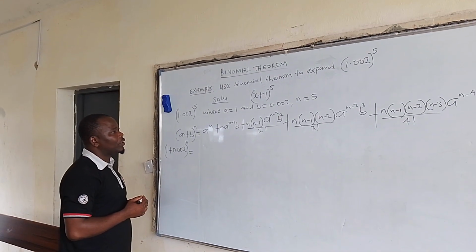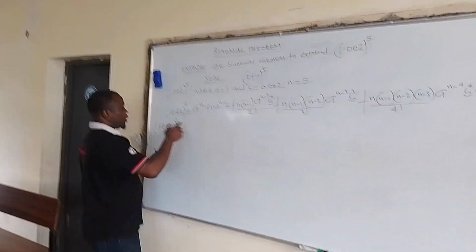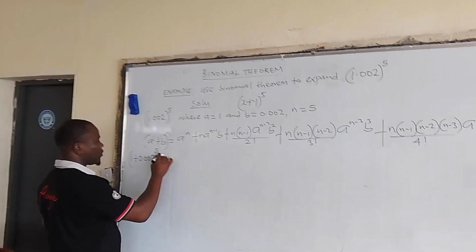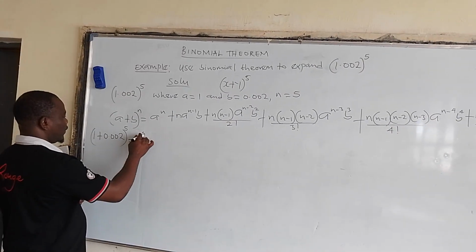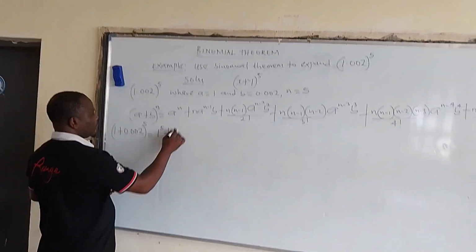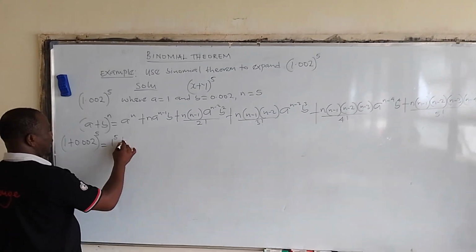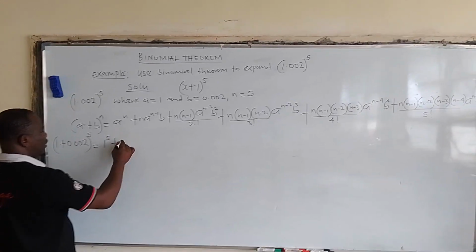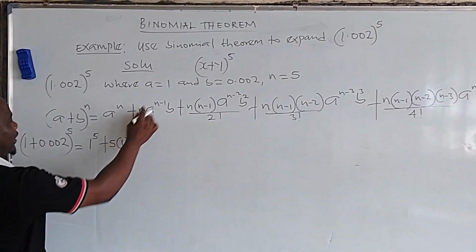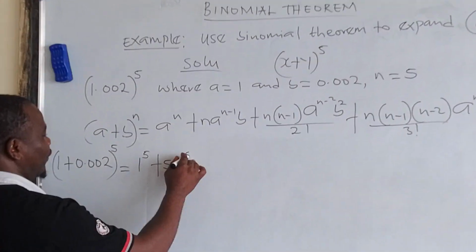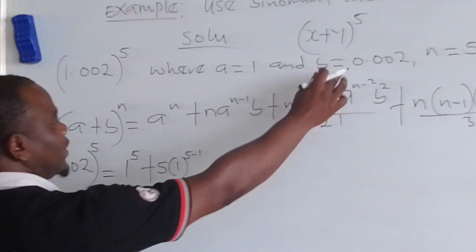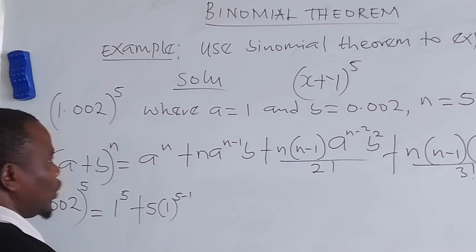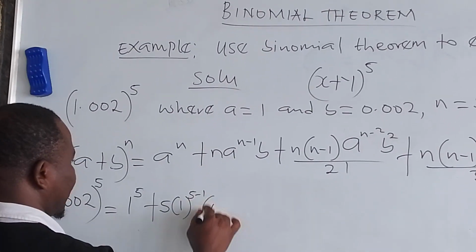So if you agree with me, we have 1 raised to the power of 5, plus n, which is 5, times a, which is 1, raised to the power of n minus 1, this is 5 minus 1. Then our b is 0.002. So times 0.002.